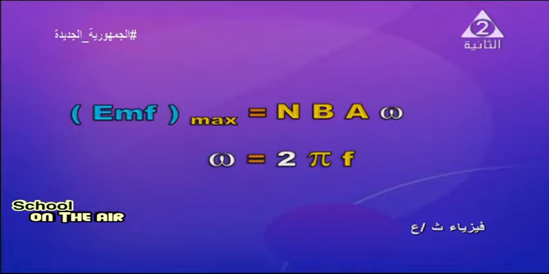What about the rule that gives the maximum EMF? It is equal to NABω. And what about omega? Omega is the angular speed, equal to 2πf.